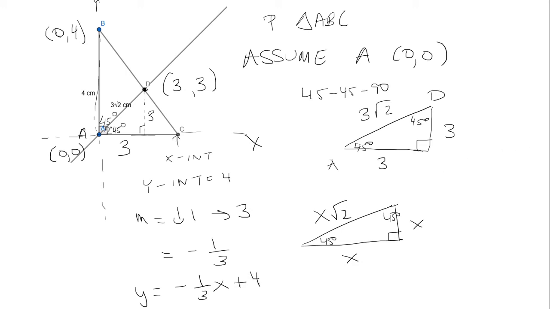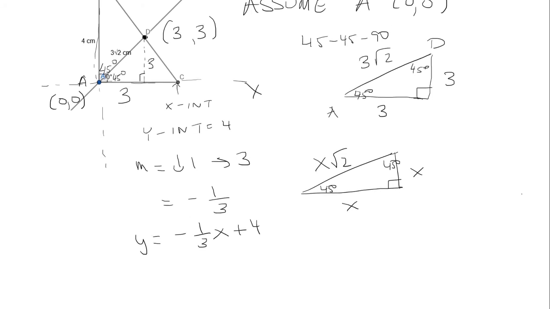In order to get the x-intercept, we're going to set y equal to 0. And we get that 1/3 x equals 4, so x is equal to 12. And so C is 12 units on the x-axis, and so the height is 0.